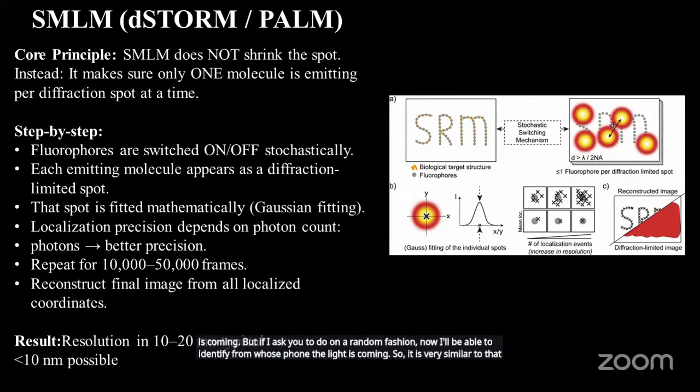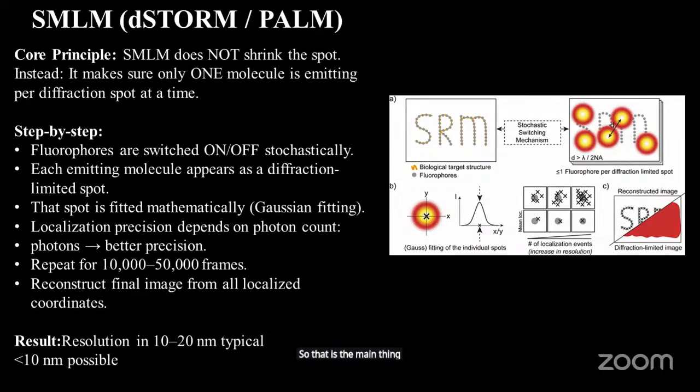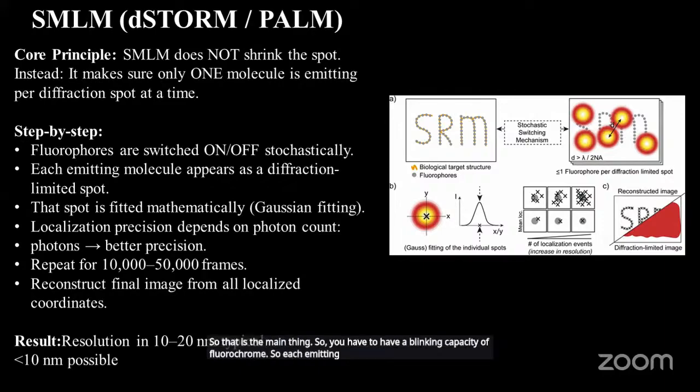So the SMLM core concept is that you can use SMLM when you're able to make your fluorochromes or proteins blink. That is the main thing. So you have to have a blinking capacity of the fluorochrome. Each emitting molecule appears as a diffraction-limited spot, and we use Gaussian fit theory to fit the exact molecule there.